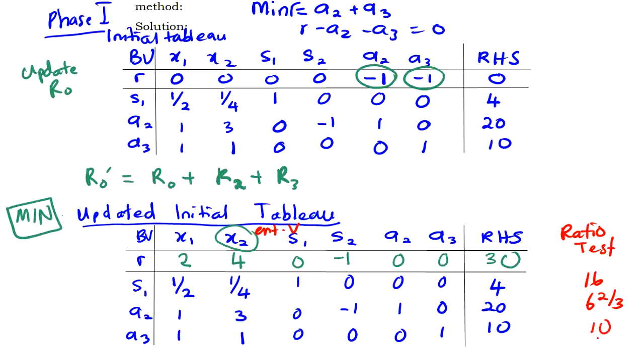So the smallest non-negative ratio is here. Therefore, x2 will replace A2 in the next tableau. So 3 is the pivot element. So we proceed to the next tableau, tableau 1.